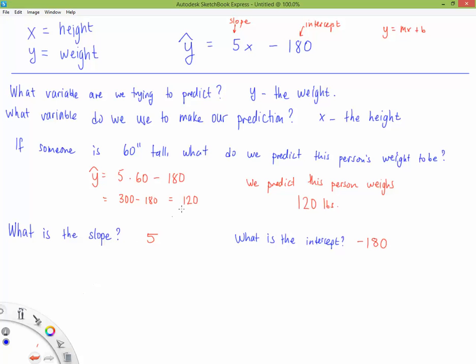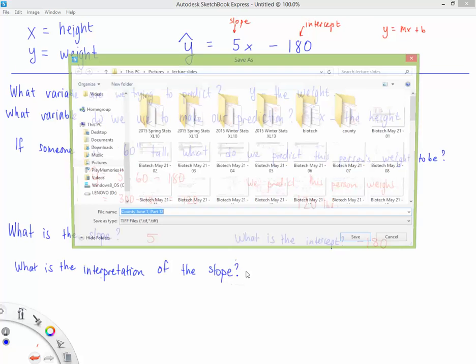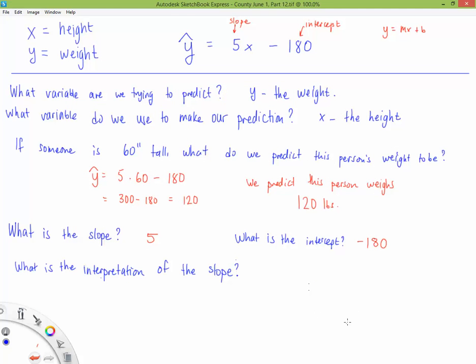So what does it mean that our slope is 5? What is the interpretation of the slope? Is that 5 people? No. Or 5 feet? No. Let's flip back a slide.